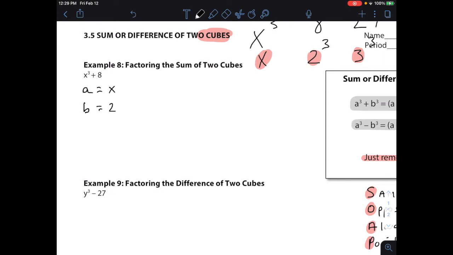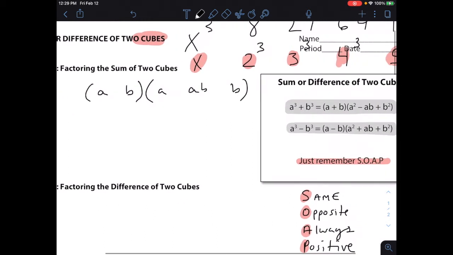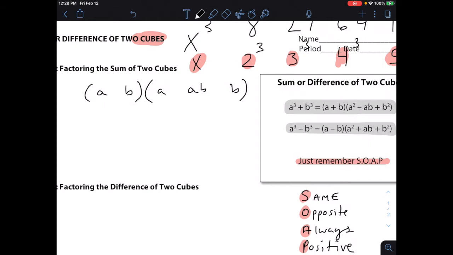And I've got this little cheat sheet in the box over here, but I have to remember the form. And it's the same in both different forms, and that's where it's really important to remember SOAP: same, opposite, always positive.